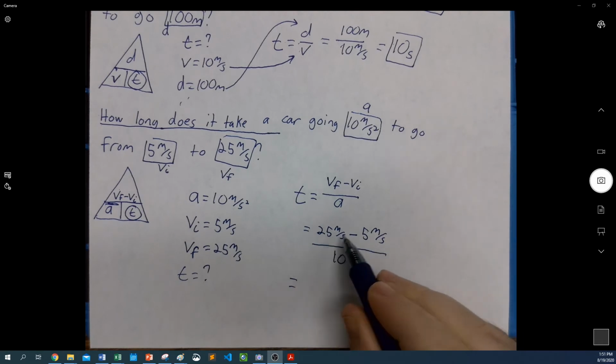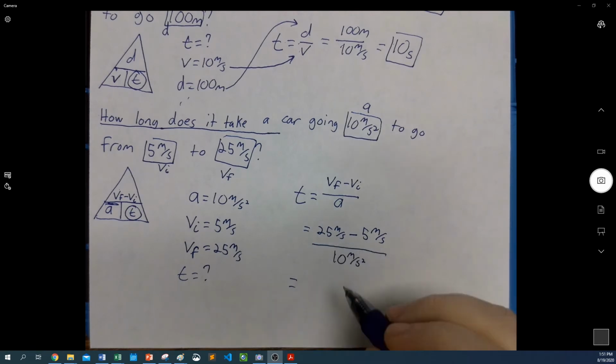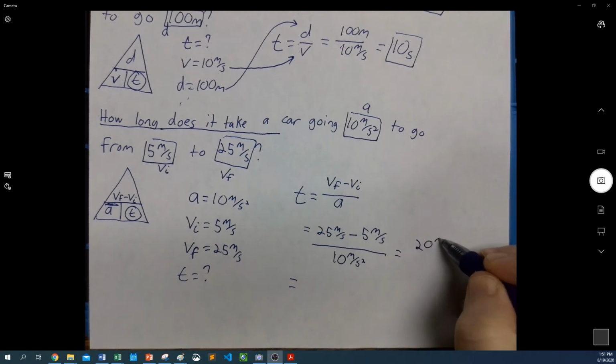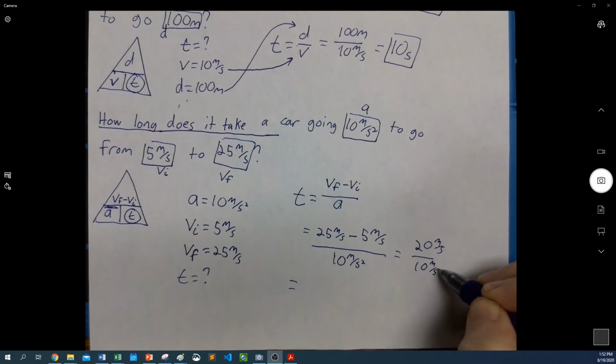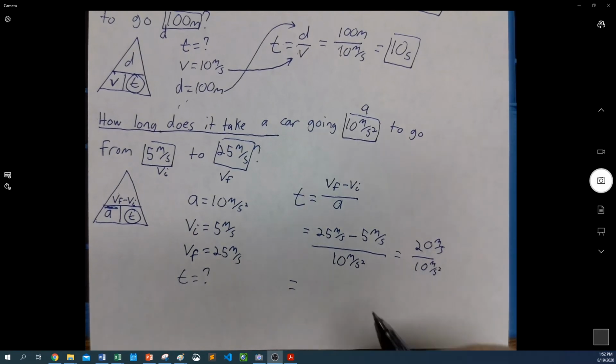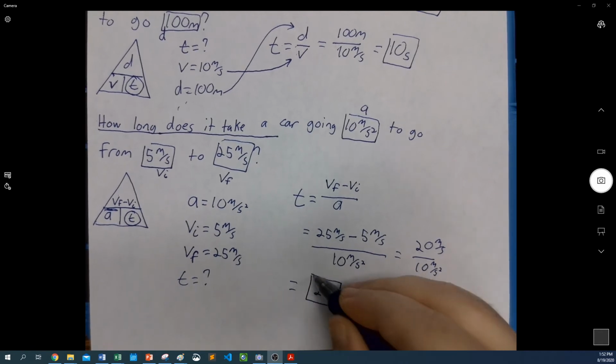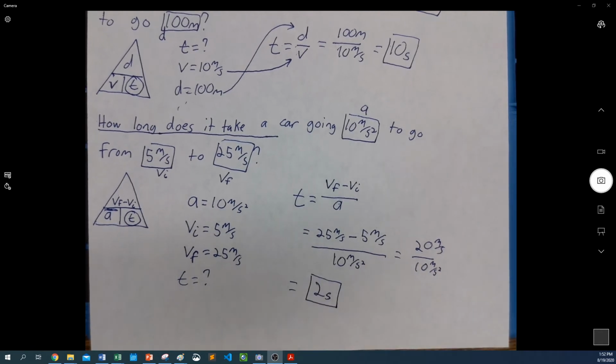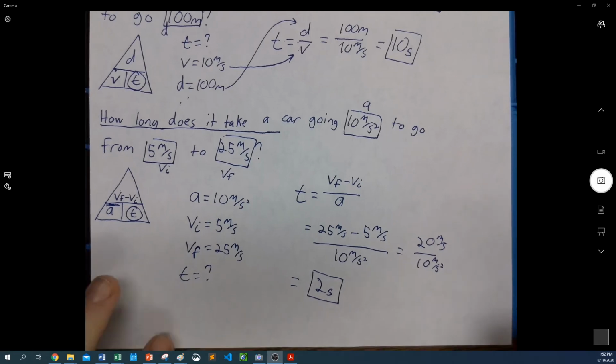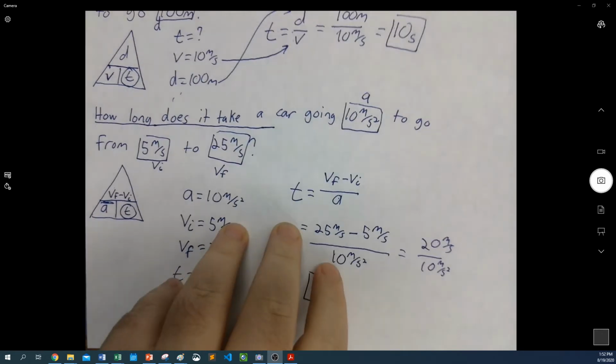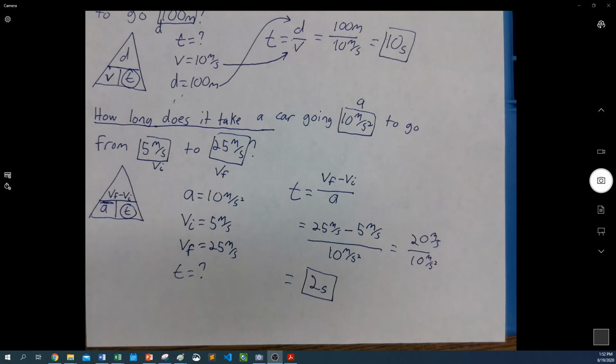So 25 minus 5, 20, so that's 20 meters per second over 10 meters per second squared. 20 divided by 10 is 2 seconds. Everyone good?